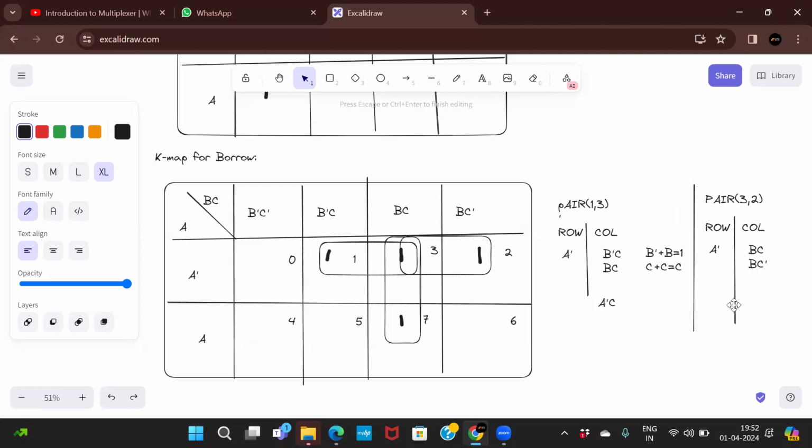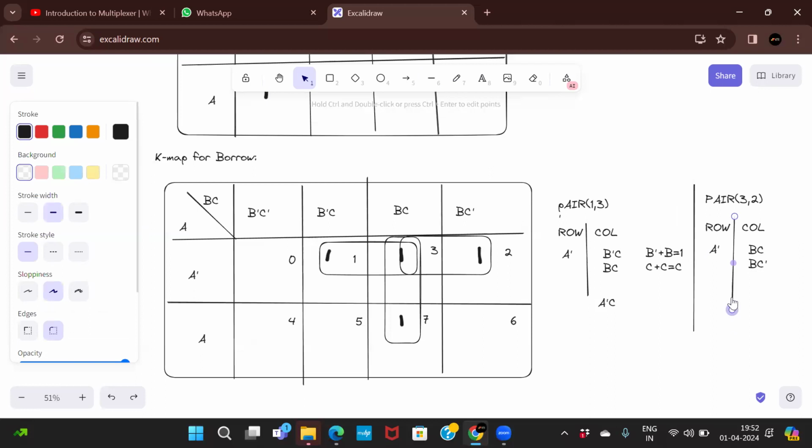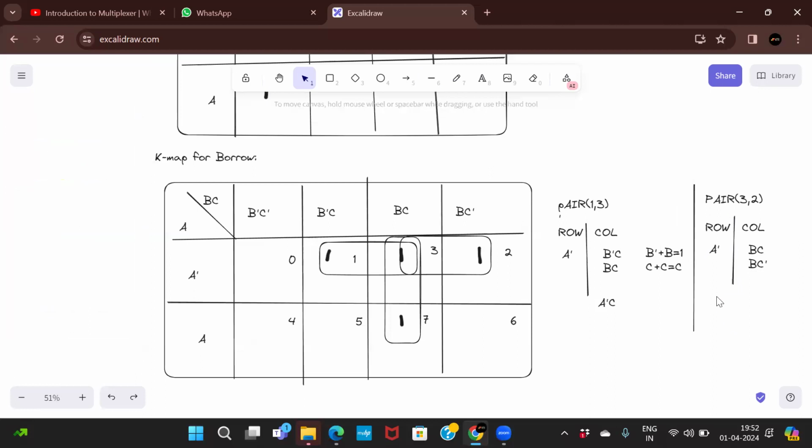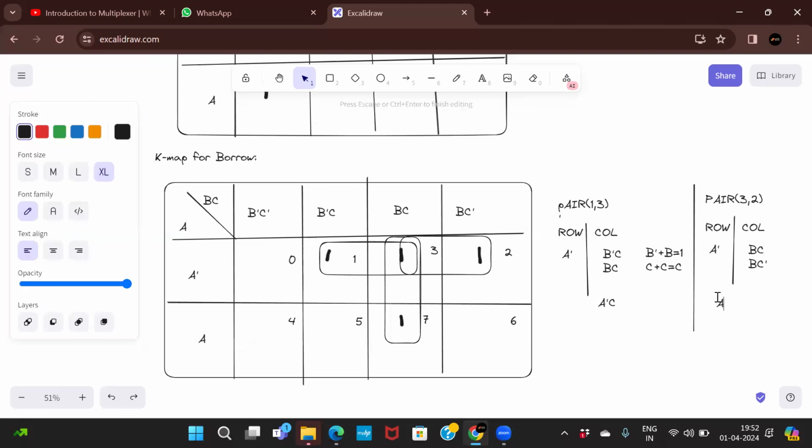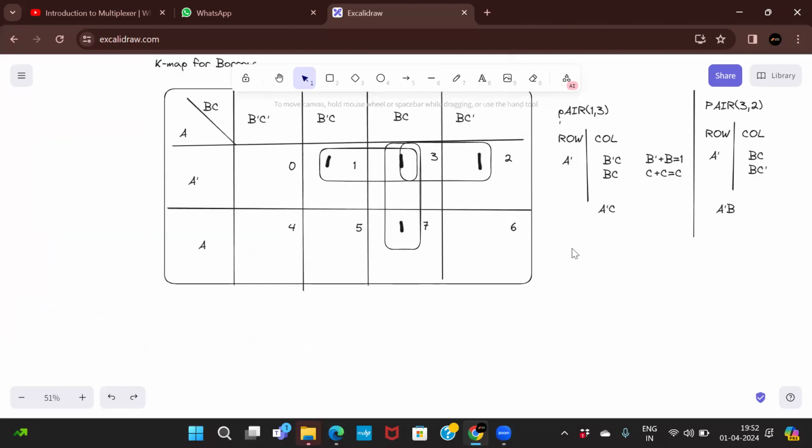So B and B bar cancel, and we get A bar B. A bar B is what we have.